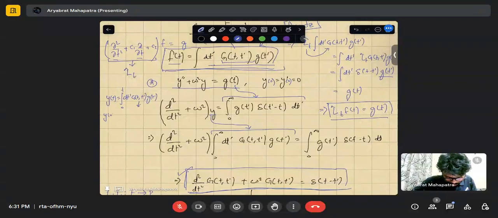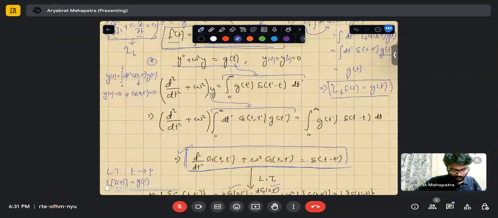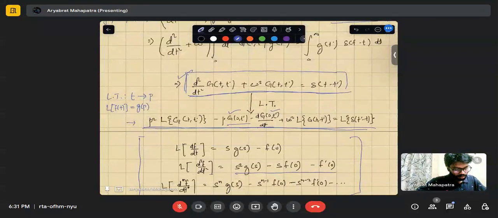Y of 0 is 0, that means g of 0 minus t prime is also 0. So that is the condition which I was using in this.